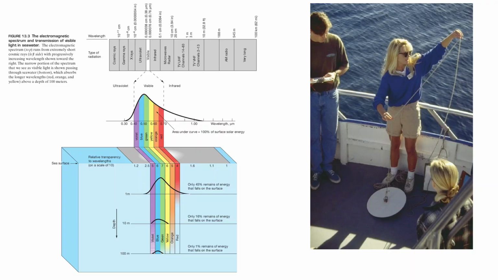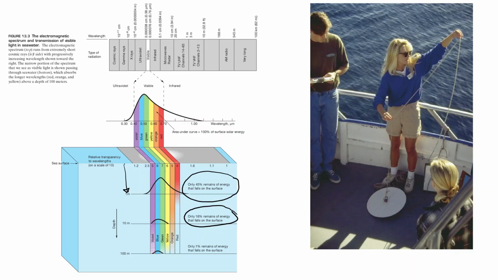What does it suggest? Of all the visible light falling on the ocean surface, only 45% remains by the time the light penetrates to a depth of 1 meter. Once the penetration goes up to 10 meters, 16% of the energy remains out of the total which falls on the surface.